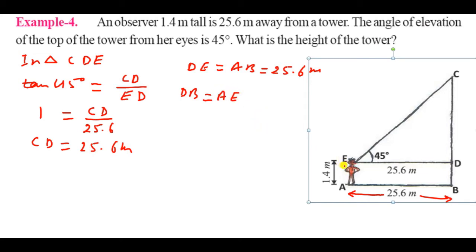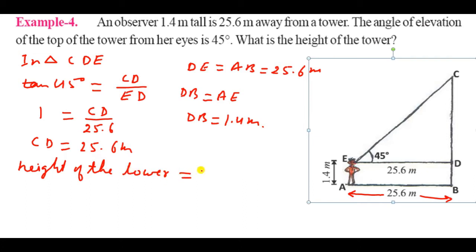Now the height of the tower is equal to how much? It is CD plus DB. This one is CD and DB.